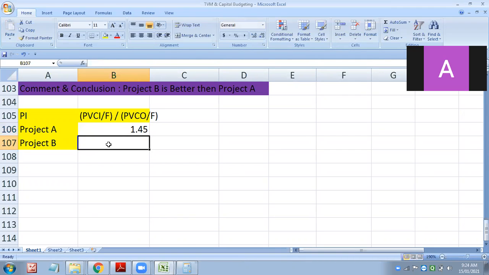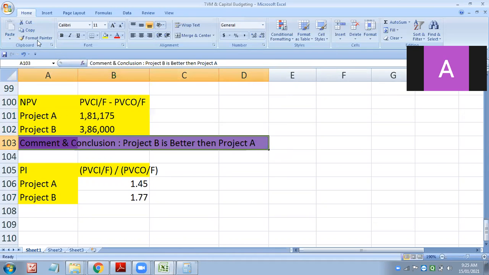And what about B? 1.77. So this also shows that project B is better than project A.